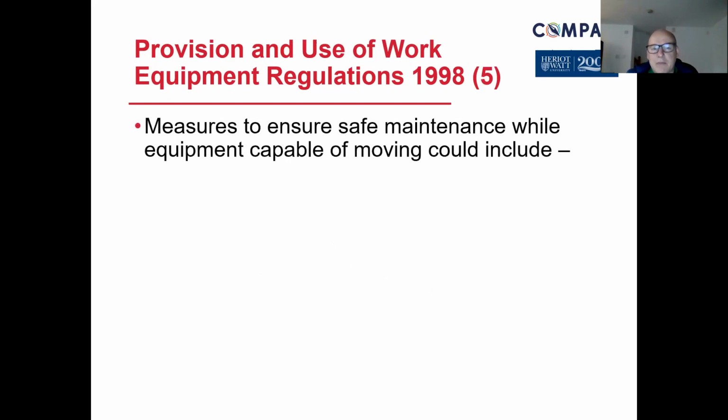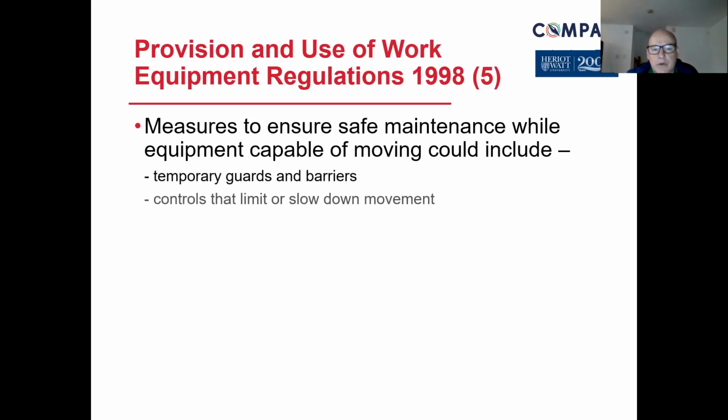Measures to ensure safe maintenance while equipment is capable of moving could include guards and barriers, controls that limit or slow down the movement. Now, a lot of machinery has inching, where you can press the inching button. So let's say you've got a cylinder that's rotating round and you've got another cylinder underneath. If the hand came in, it would be a nip or a pinch hazard.